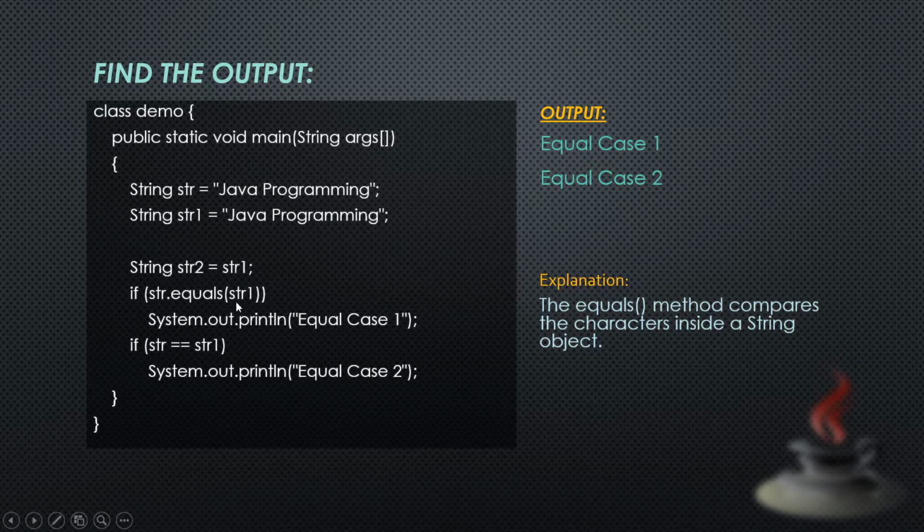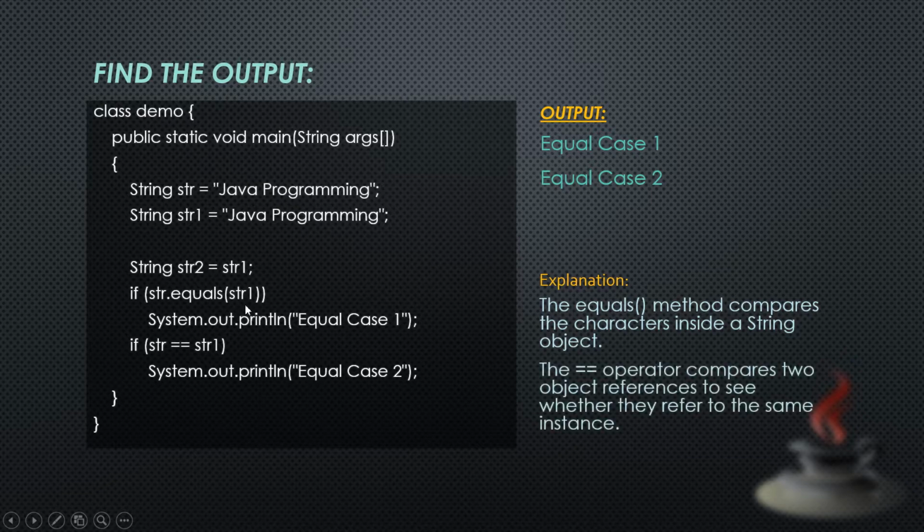But the == operator compares two object references to see whether they refer to the same instance or not. So in both cases the output is the same, or you may say the conditions are true, but the working mechanism is different. So this is the second one.